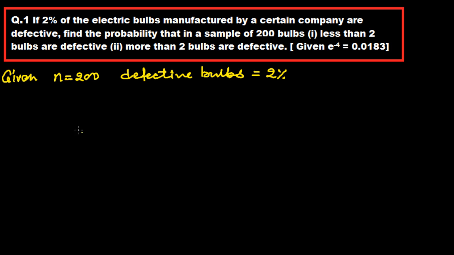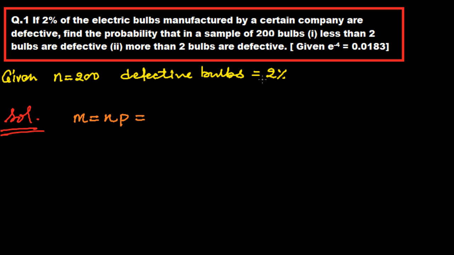We know that we have only one parameter, m, which we have to find out first. So in the solution we see that m is equal to np.